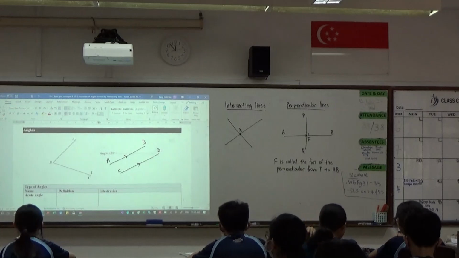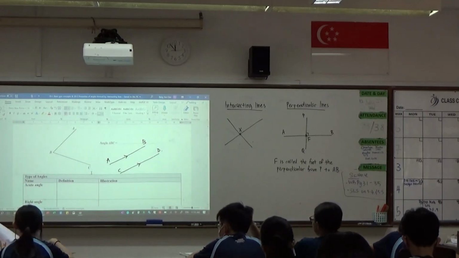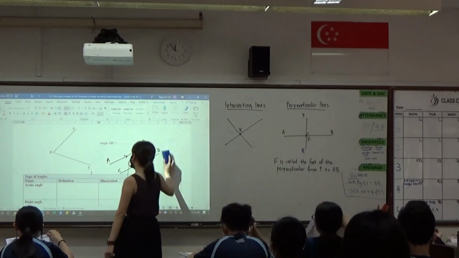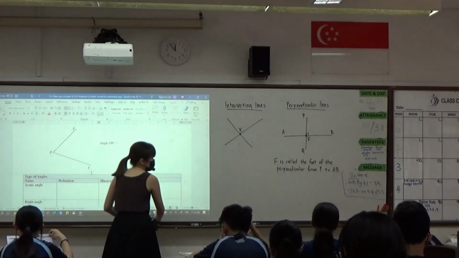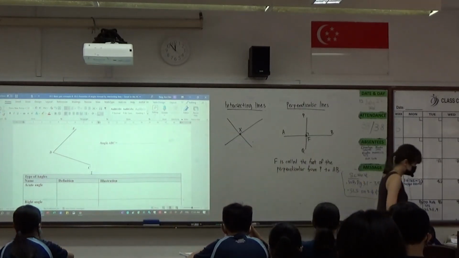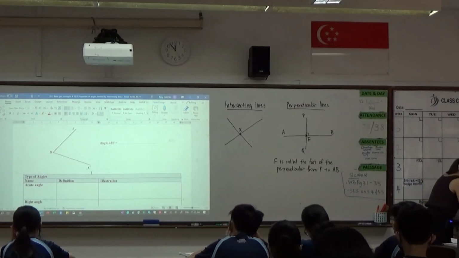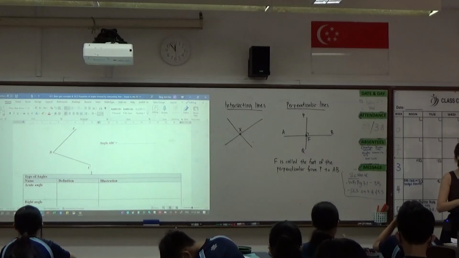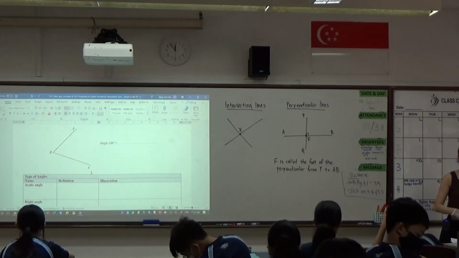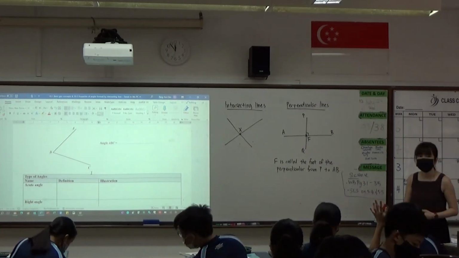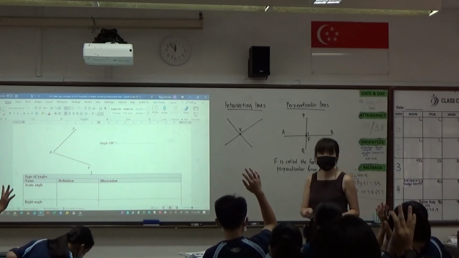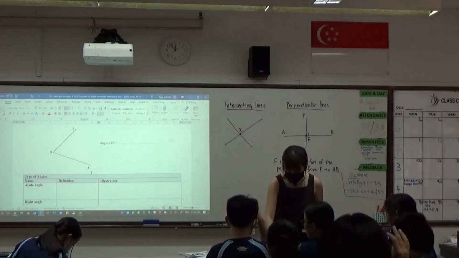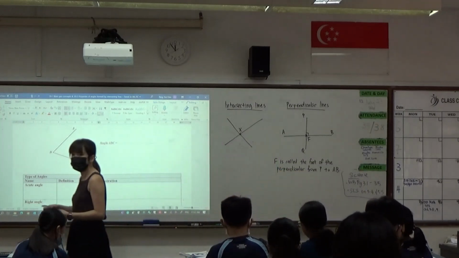Next, angles. I want us to make sure of how to actually measure angles. I'm not sure how many of you brought your construction set today. If you haven't, I do have some protractors to spare. May I know how many of you don't have a protractor? Raise your hand. Make sure you return it to me, please.